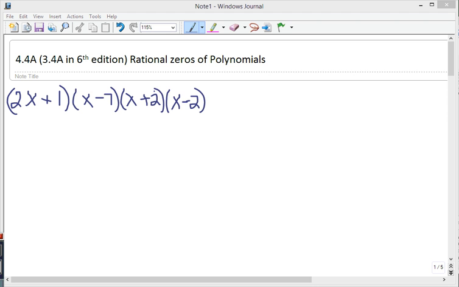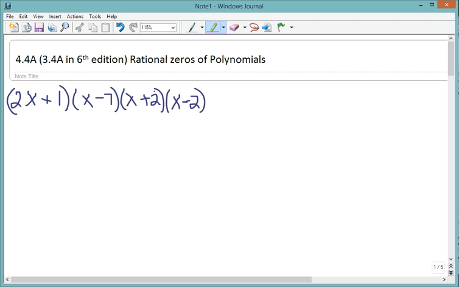Here's a polynomial. It's written out in factored form because I want you to look at what happens here. Mainly we're going to get information from the first number when we multiply it all out, the highest degree, and the last one.